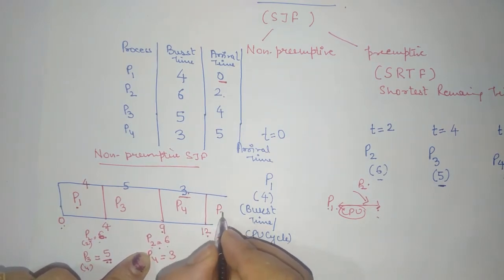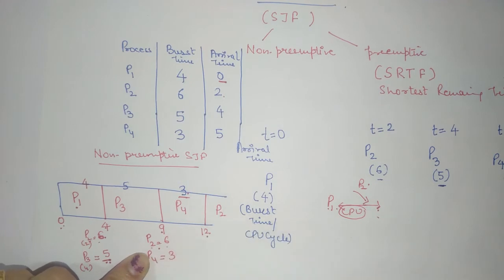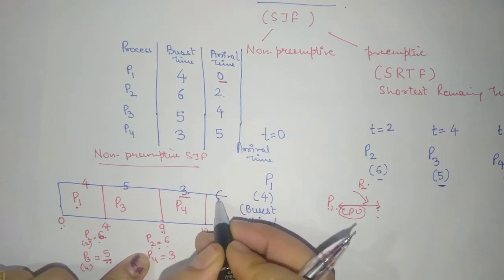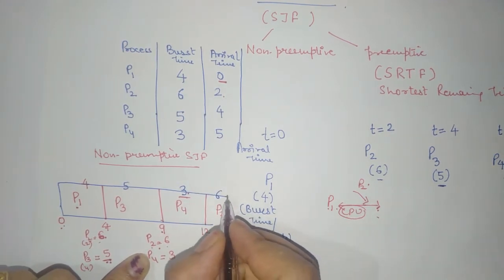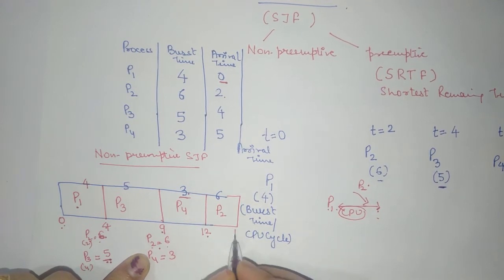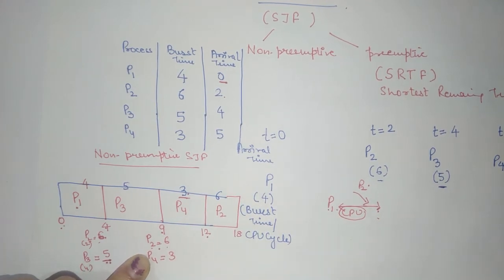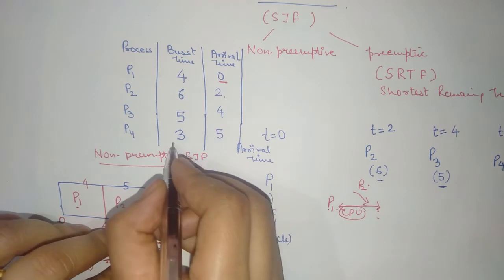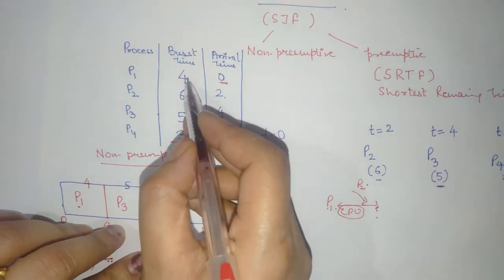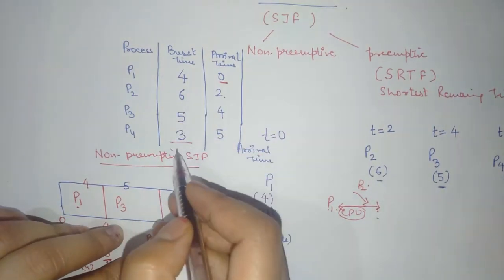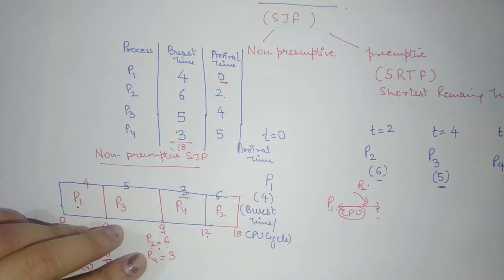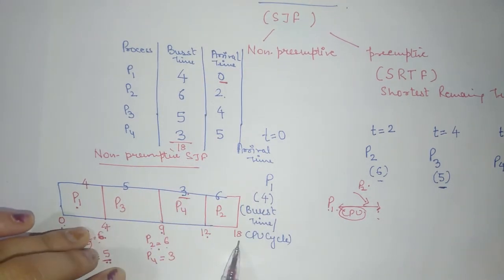Now P2 will get the CPU and its burst time is 6. 12 plus 6 is 18. Now you can check the addition: 6 plus 4 is 10, plus 5 is 15, plus 3 is 18.